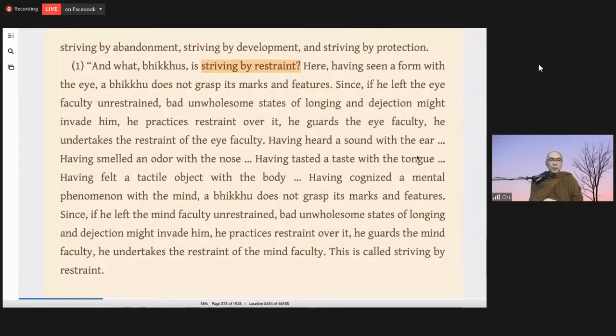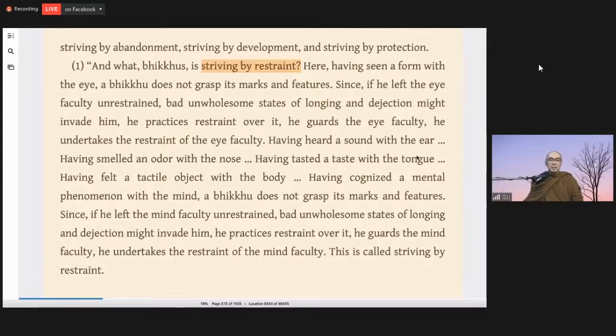So too, when your ears are not mindful, then you begin to hear the words. What are they talking about? Are they talking about me? What song is that? What are the words of that song? You begin to grasp at the marks and features.